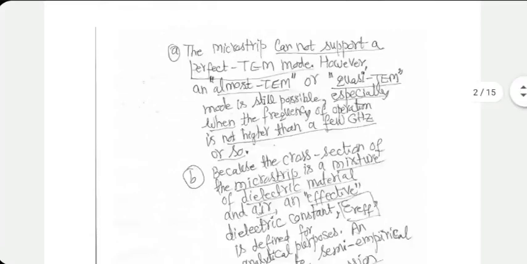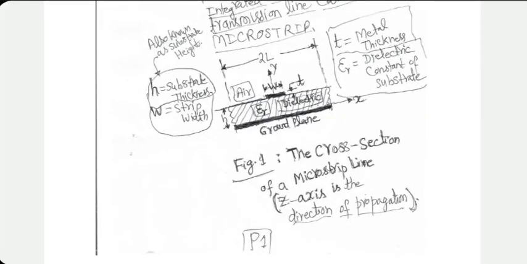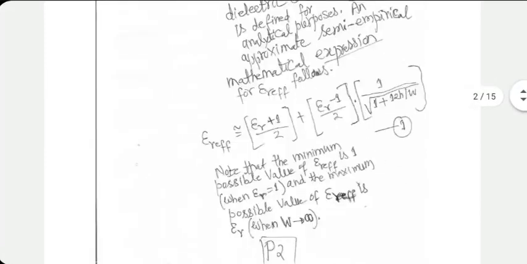Suppose I make the width of the strip very large, then it will basically shield the dielectric material completely. Air will not matter. It will become like a parallel plate capacitor. So if W goes to infinity, you see that epsilon r effective starts approaching epsilon r. Those physical realities are captured by this beautiful formula.